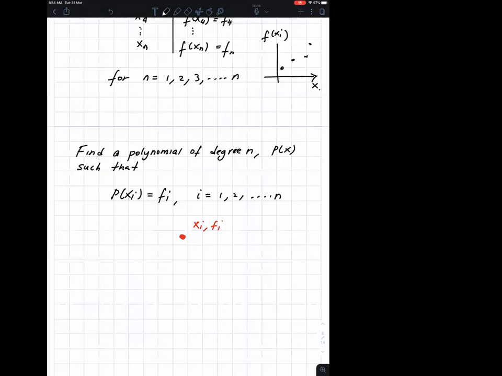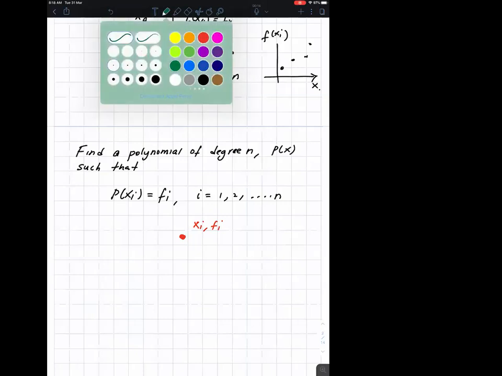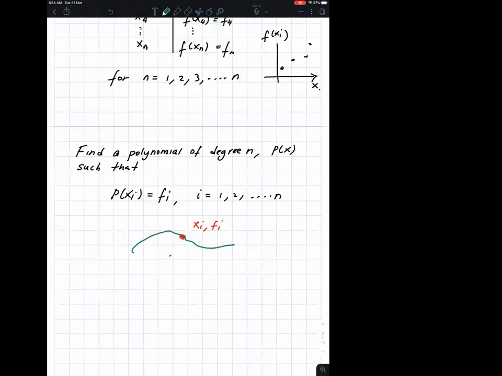Let's say the polynomial is passing through, and then it should match with the value. You should have a polynomial that perfectly matches the data. That's all it's telling.